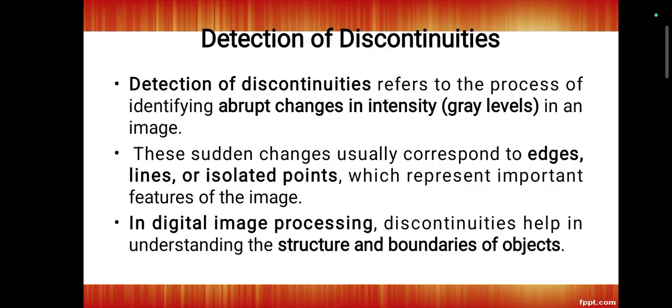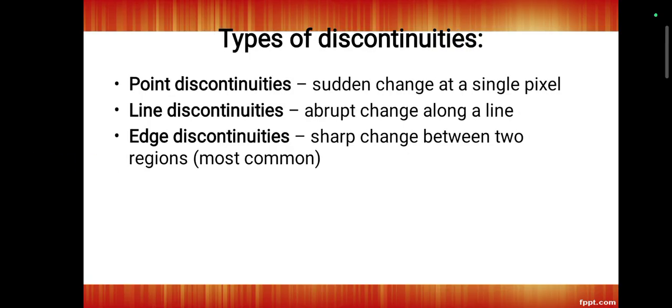Detection of discontinuities refers to the process of identifying abrupt changes in intensity, that is gray levels, in an image. These sudden changes usually correspond to edges, lines, or isolated points which represent important features of an image. In digital image processing, discontinuities help in understanding the structure and boundaries of an object.